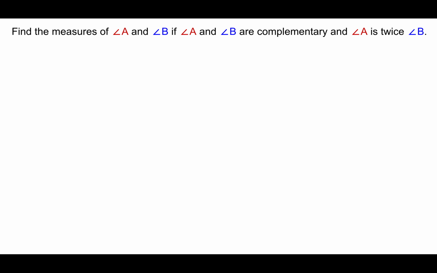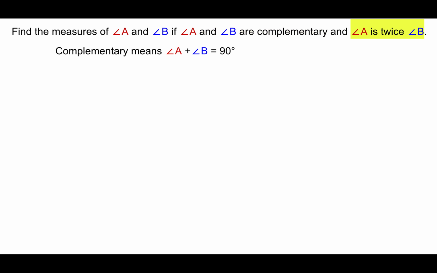Here's another one. Find the measures of angle A and angle B if angle A and angle B are complementary, but this time angle A is twice angle B. So angle A and B are complementary, so just like before, when we add those two angles together, they equal 90 degrees.